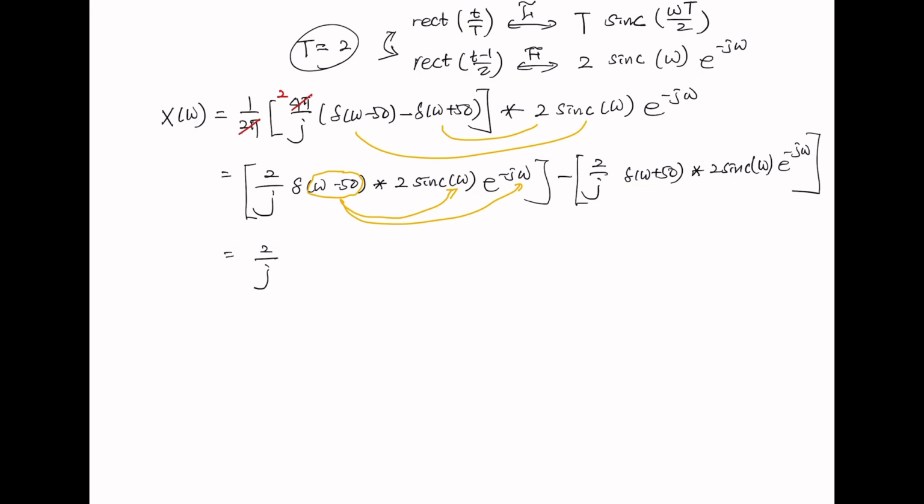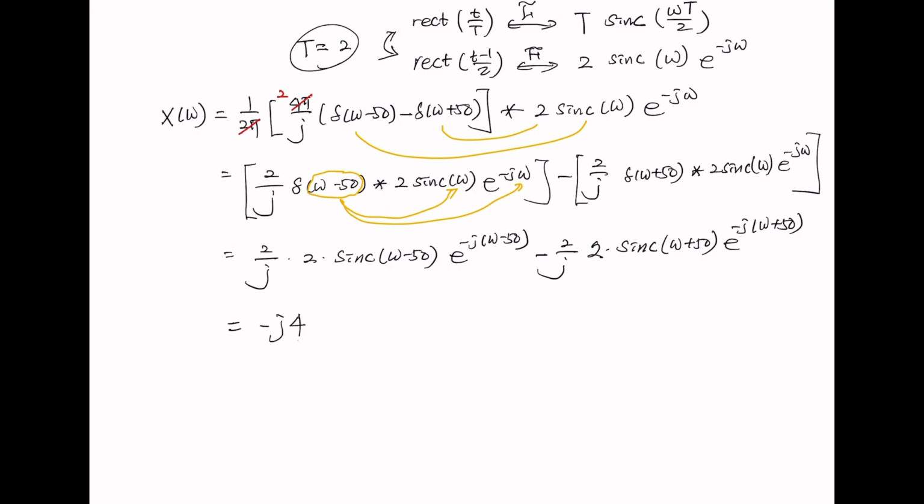So 2 over j times 2 times sinc omega minus 50 e to the negative j omega minus 50, minus 2 over j times 2 sinc omega plus 50 e to the negative j omega plus 50. If you take the j to the numerator, we have negative j4 sinc omega minus 50 e to the negative j omega minus 50 plus j4 sinc omega plus 50 e to the negative j omega plus 50.